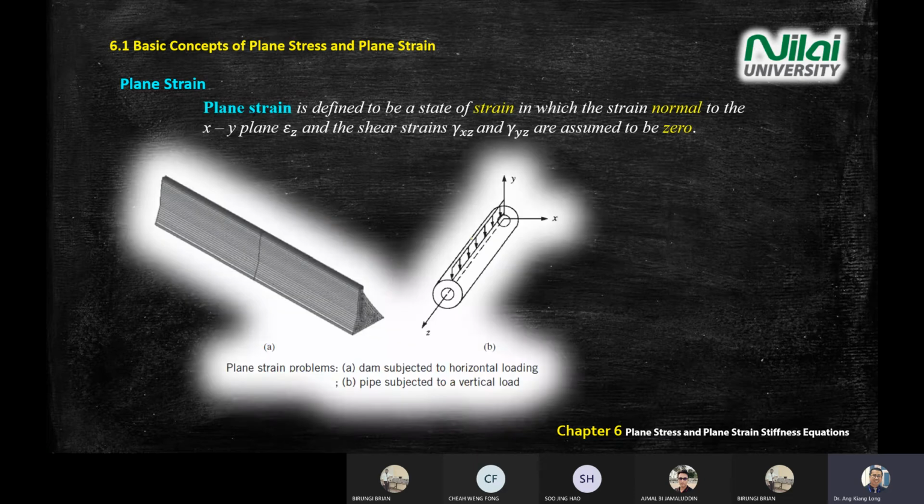So again, for plane strain, the strain that is normal to the XY plane will also become 0. As you can see from the diagram, deformation that is outside our reference plane will be assumed as 0.